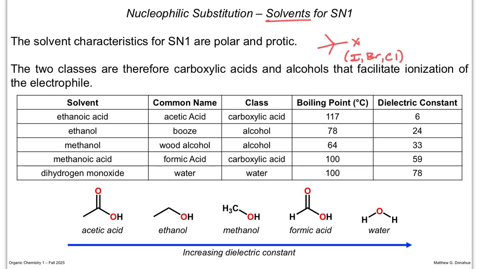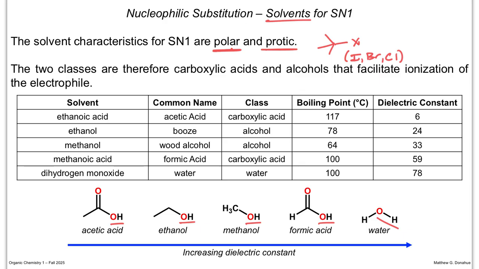So overall, these are polar, so that criteria is still there, but now these are protic. So protic really means OH. And so on the next couple of slides, we'll talk about what the interactions are between the leaving group in the electrophile and the polar protic solvent.